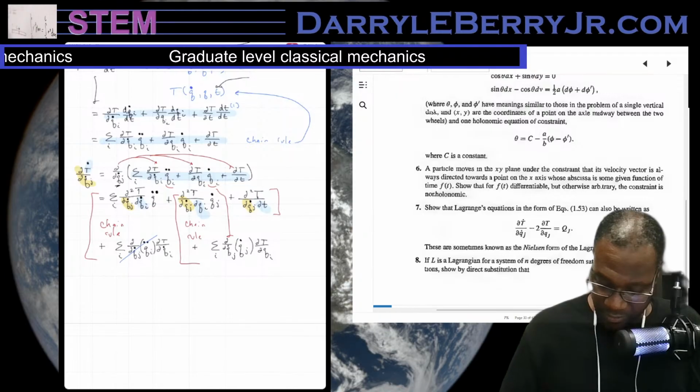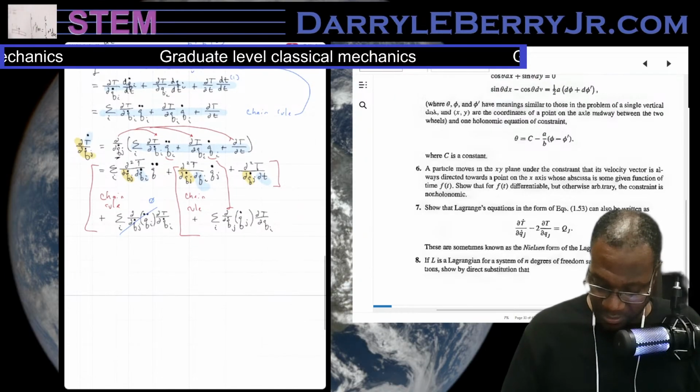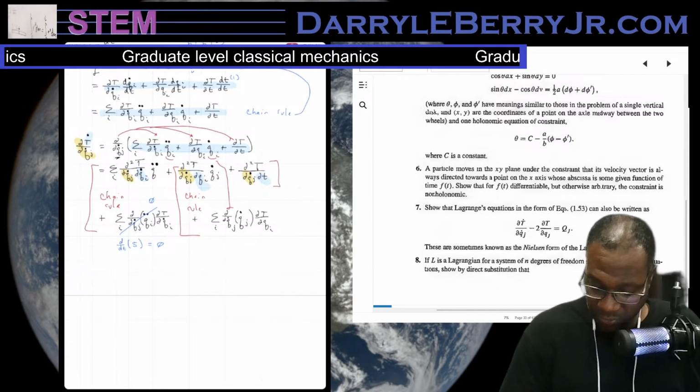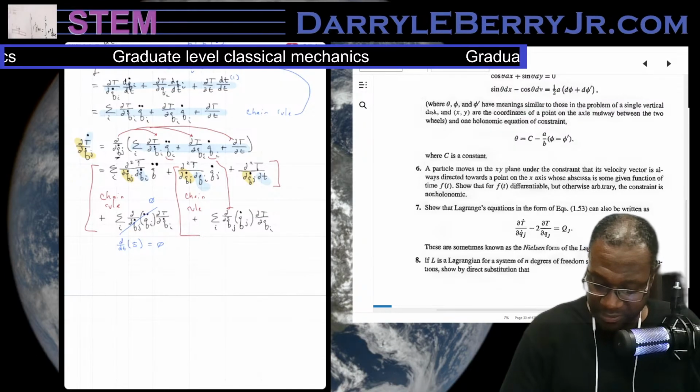So this one is 0 because that's the same thing as d/dt of 5. It's going to be 0. Q double dot is a constant with respect to q dot.